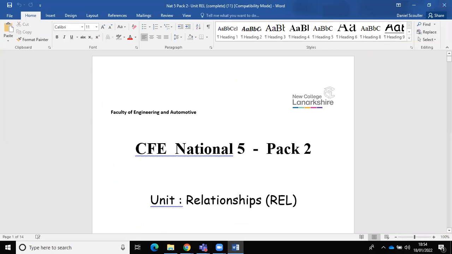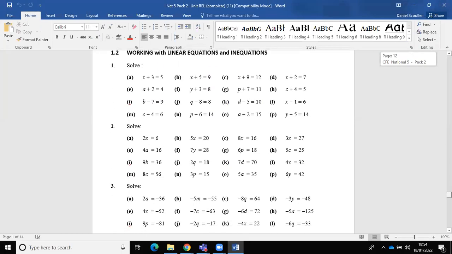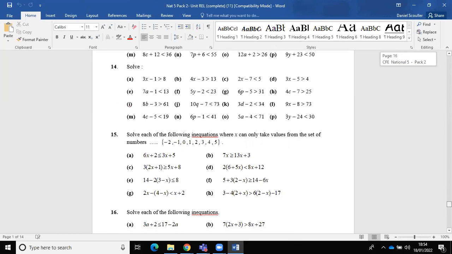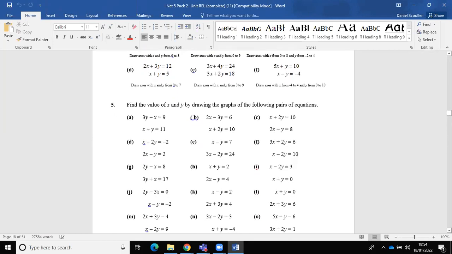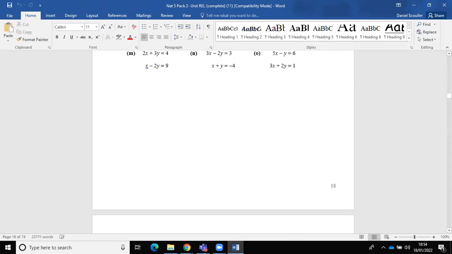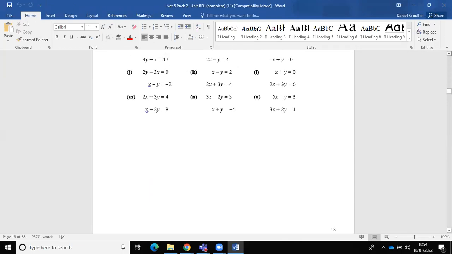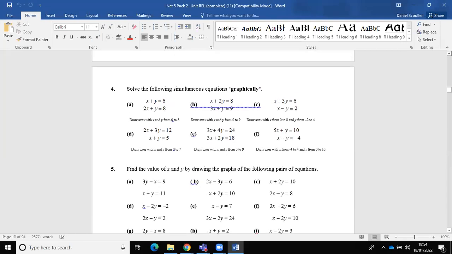So I've got page 19. Page 18 sort of introduces you. This should be not too bad.